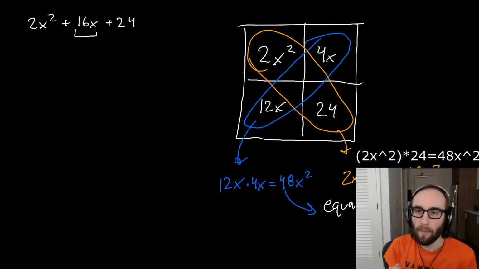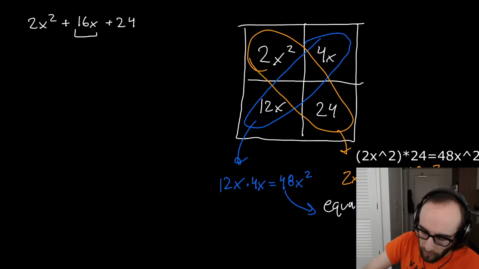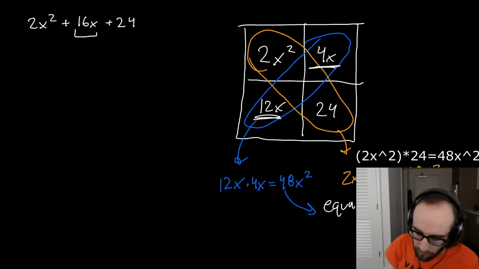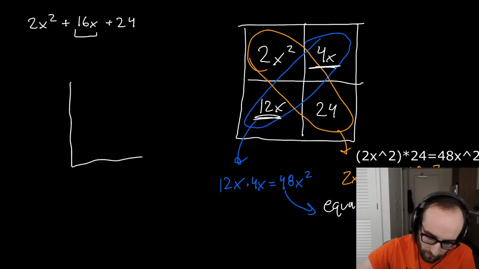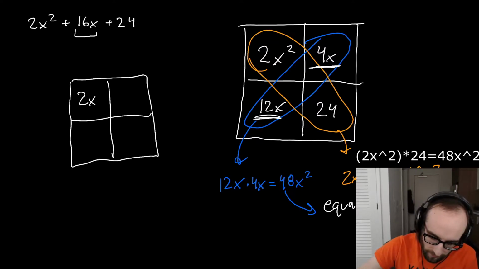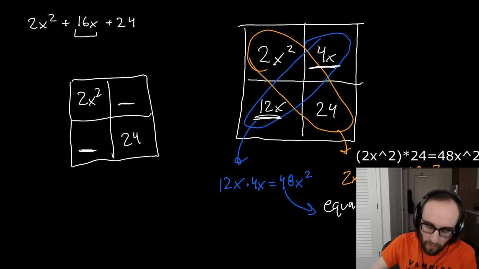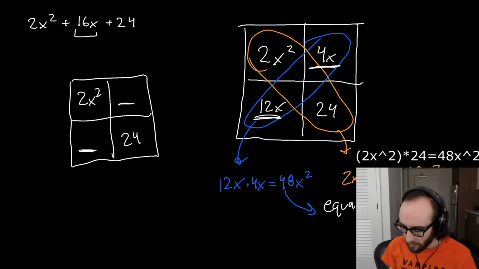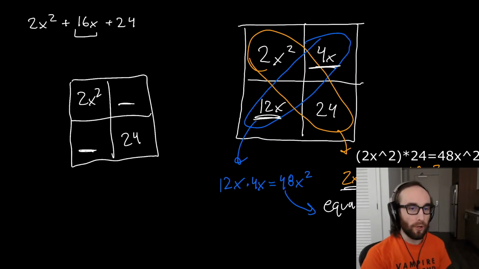So another way to think about approaching this problem, if we didn't have the 12x and the 4x and we wanted to try and split it up, let's draw another area model really quick with those not filled out yet. We know that if we multiply these two blank spots, we'll get the same exact value as if we were to multiply the other diagonals.